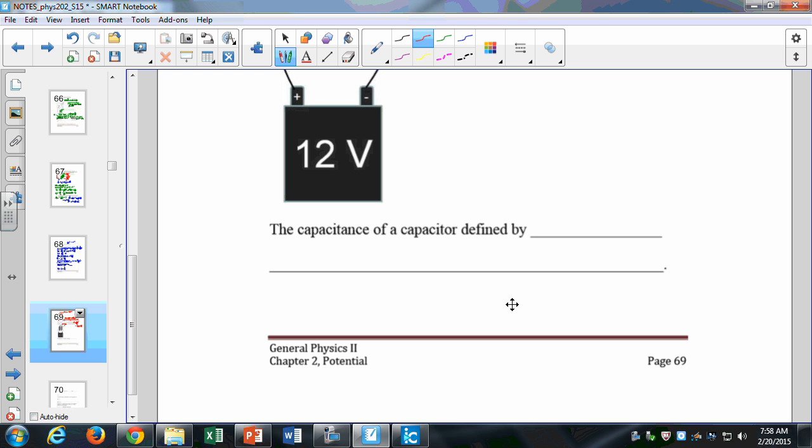The capacitance of a capacitor is defined by the amount of charge it holds with a certain potential difference between the plates.